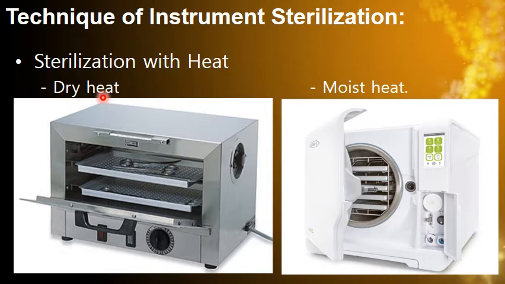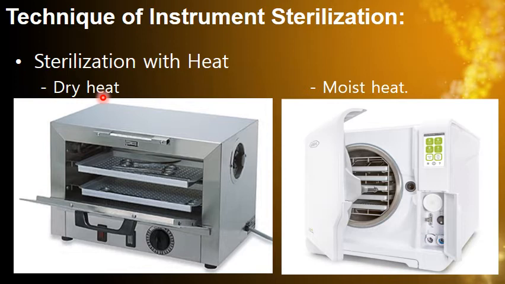Dry heat ovens are used to sterilize glassware and bulky items that withstand heat but are susceptible to rust. As we know, autoclaves use steam under pressure.